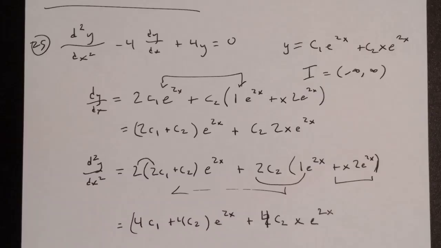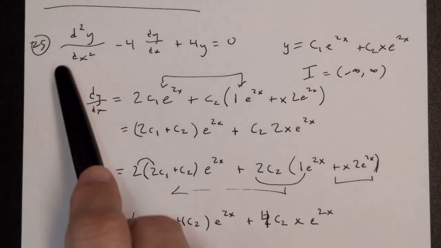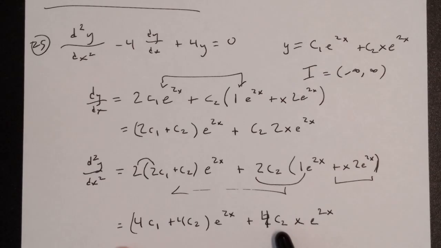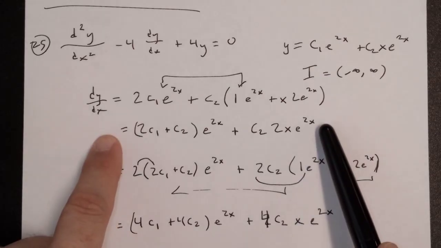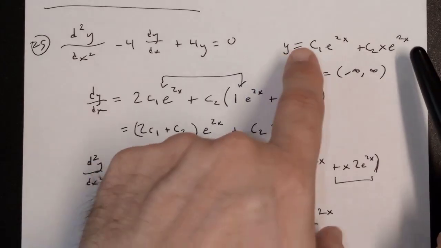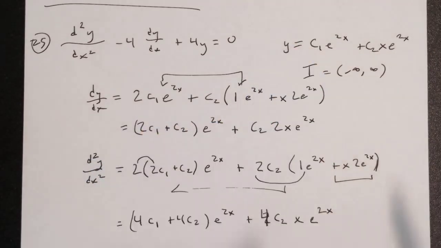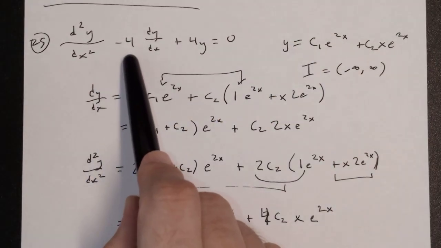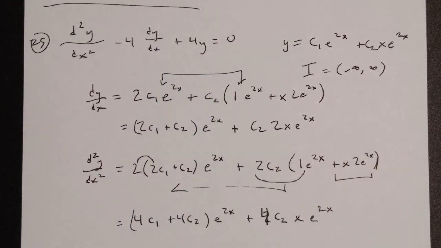Whew. Well, that sucked. Now, one of these minus 4 of those plus 4 of those. One second derivative minus 4 first derivatives plus 4 of the original function.